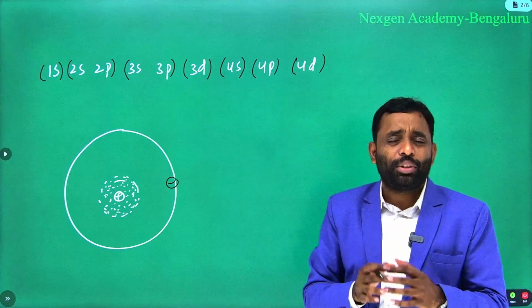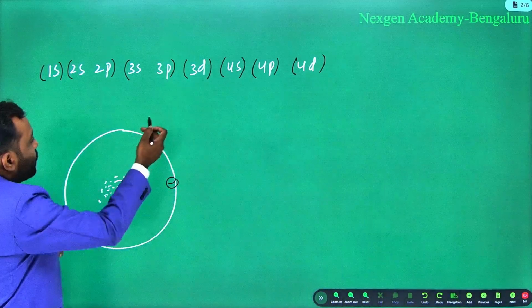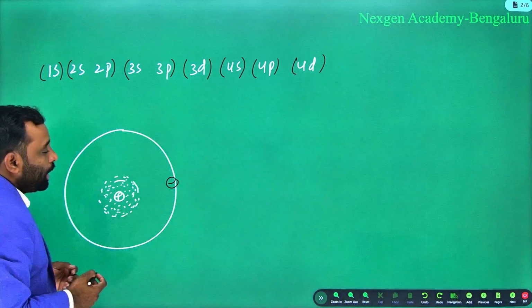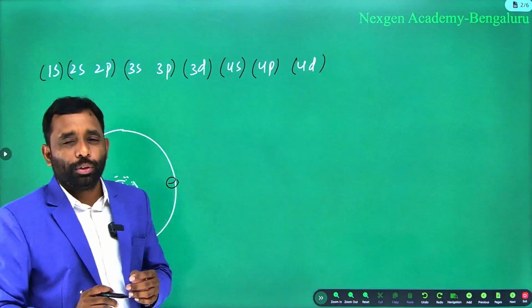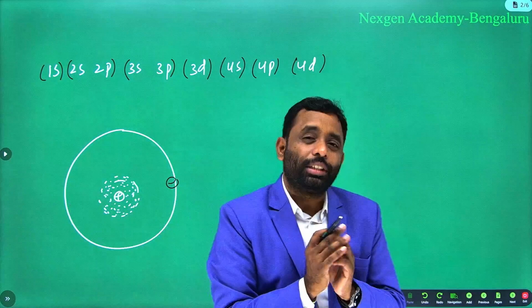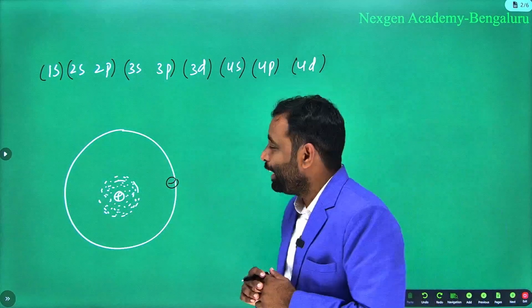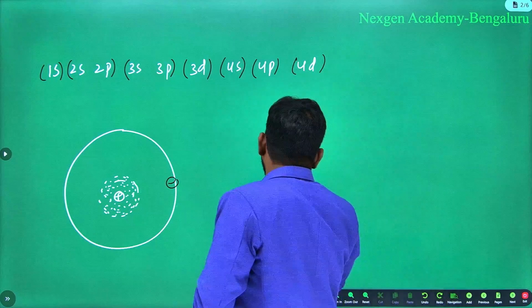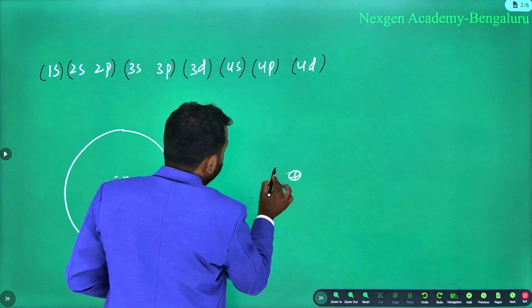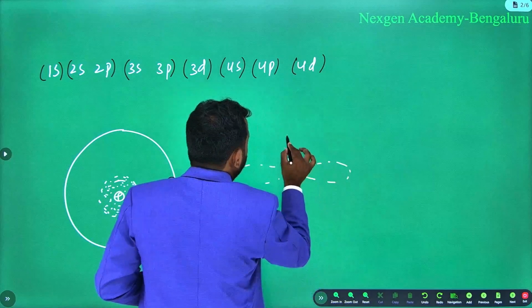Even the p electron. The p electron is a little less diffused than d and f, but like the s electron, the p electron is also available close to the nucleus. The concentration of the p electron is close to the nucleus, right? But d and f, when you take them, how is d? Look at this one d electron I am writing. The d electron is more diffused.